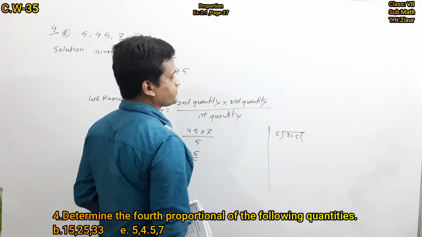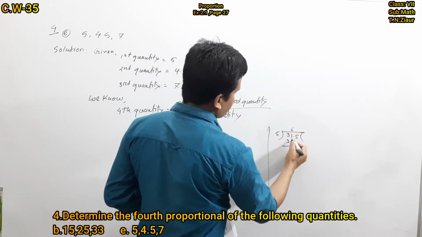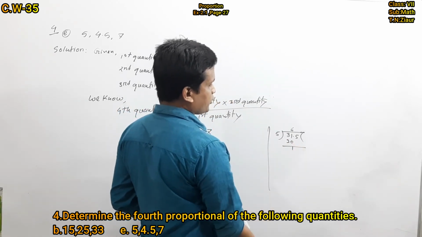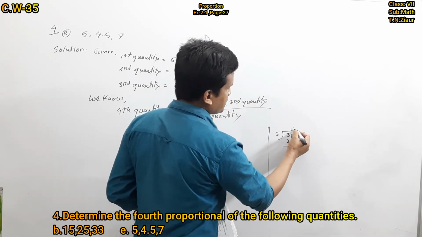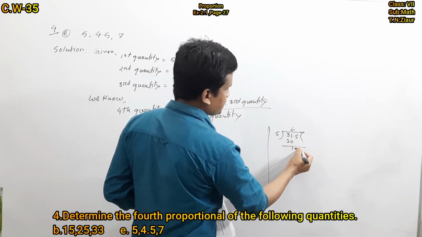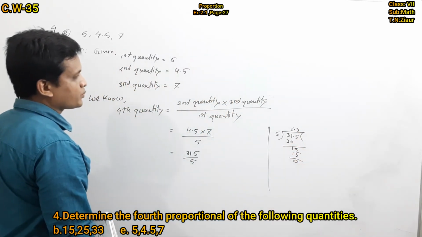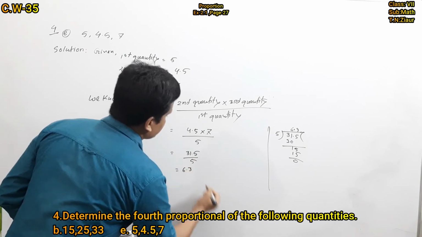So what will be? 5 sixes are 30. So just subtract, then it will be 1, but 1 is smaller, so again you have to take the next digit. So just take the decimal point here and the next digit, so 5 threes are 15. Okay, so 6.30 or 6.3.